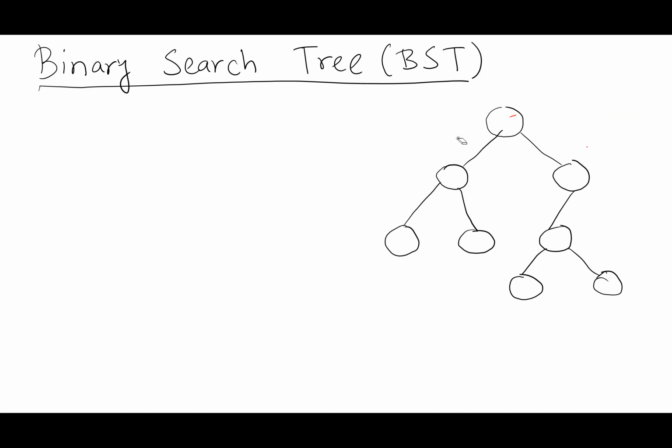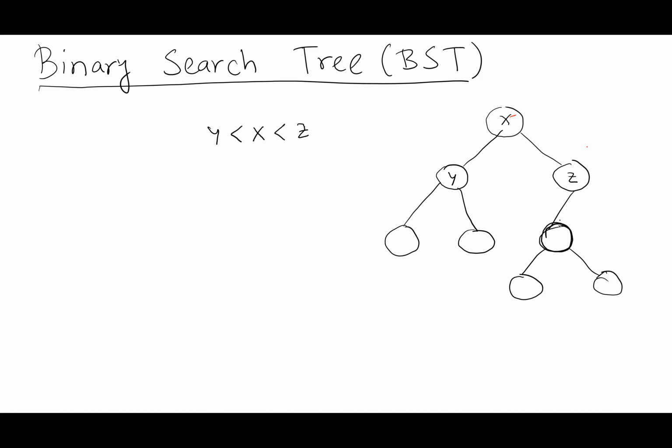So here is the criteria for the binary tree to be a binary search tree. Suppose we are storing values in the binary tree, and say the value for this node is X, this is Y, this is Z. Okay, so for it to be a binary search tree, the constraint is that Y has to be less than X and Z has to be greater than X. That means anywhere in the tree, this should be true.